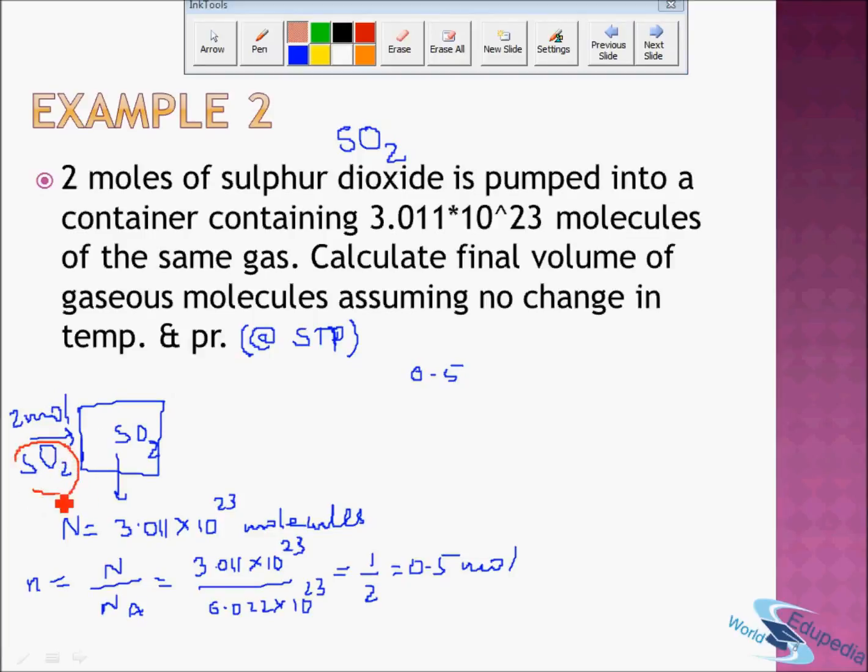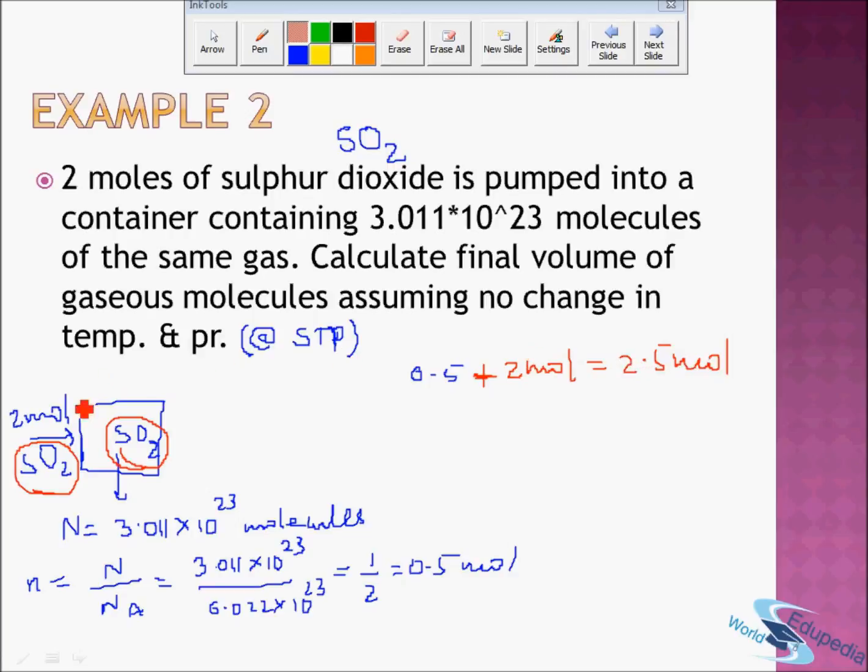So it doesn't matter whether it is SO2, N2O, CO2 or any other gas. Okay, so 0.5 mole of a gas, we always assume them to be ideal gas, is mixed with 2 moles of another gas. So I have now 2.5 mole of gaseous molecules in my container.